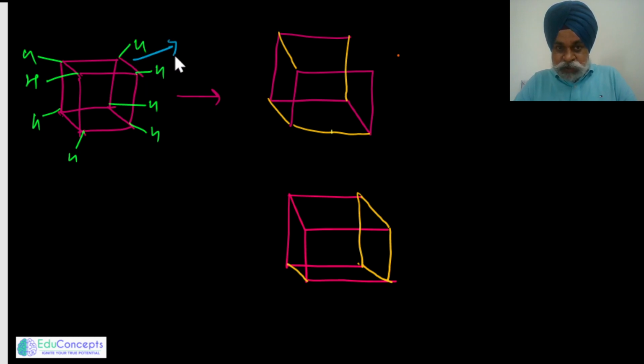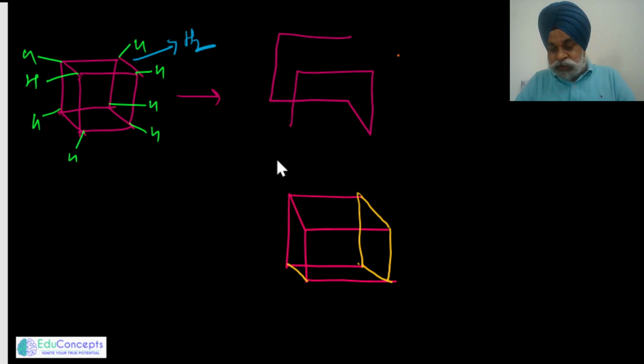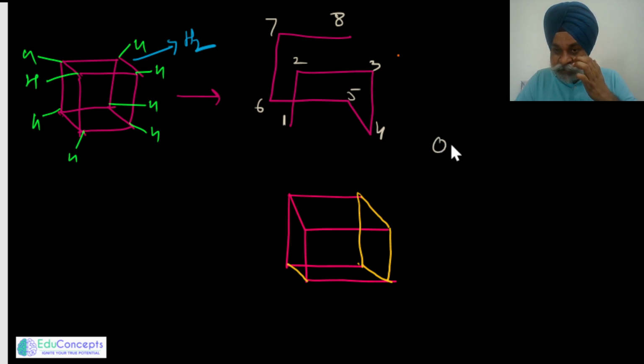Similarly, if I keep going like this, I break this one also, this one also, this one also. So how many hydrogens have I added? 5. Now you could see what this molecule would be: 1, 2, 3, 4, 5, 6, 7, 8. Interesting, it is nothing but octane. It's a straight chain.